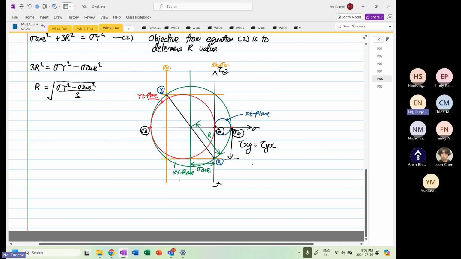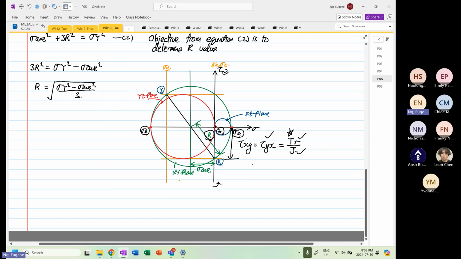With shear xy equal to shear yx, we know this is equal to TR over J. If we know shear xy, the radius, and the second polar moment of area, then we can determine our torque. So how will R help?